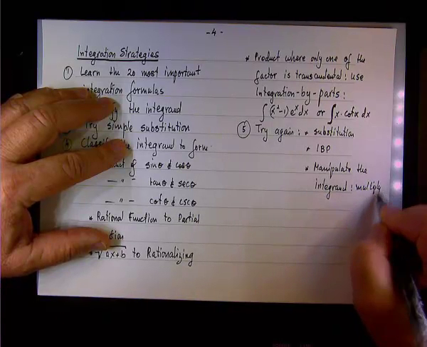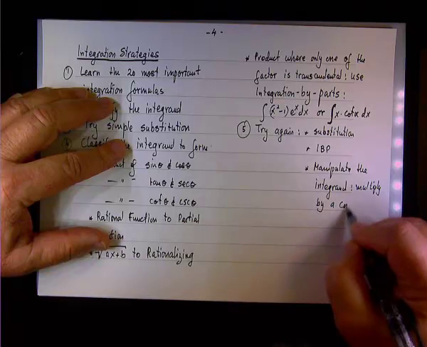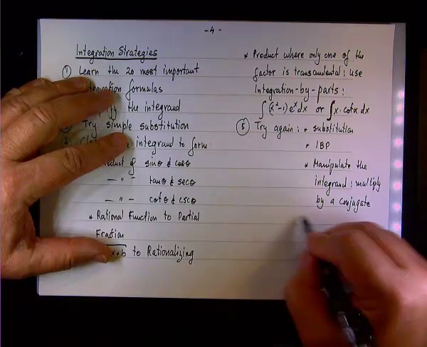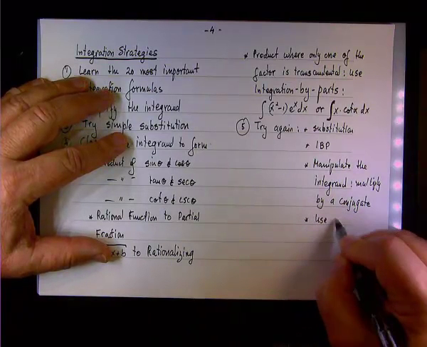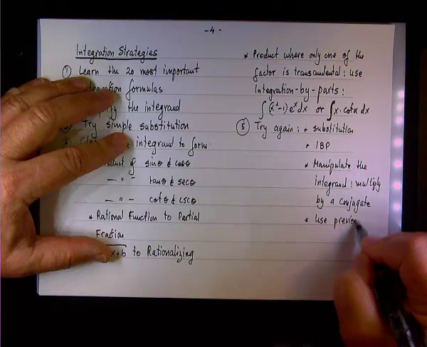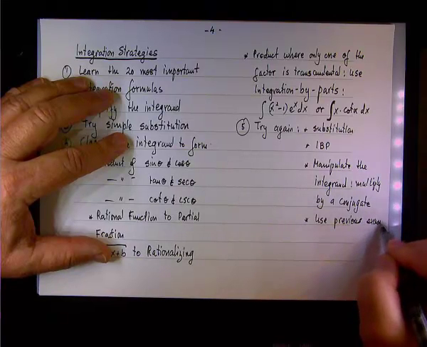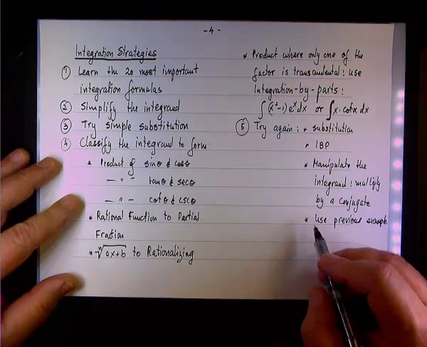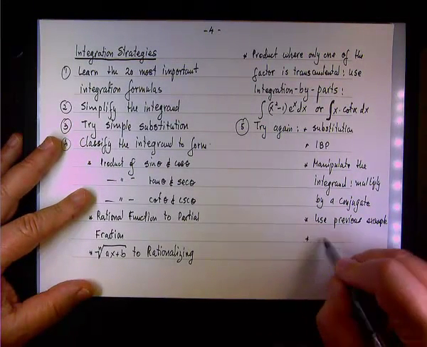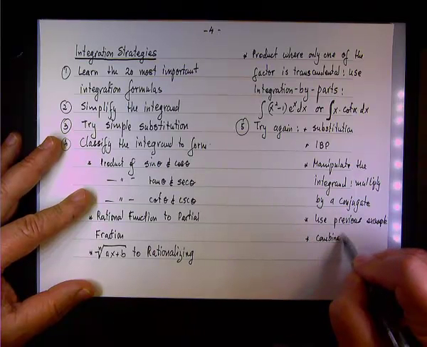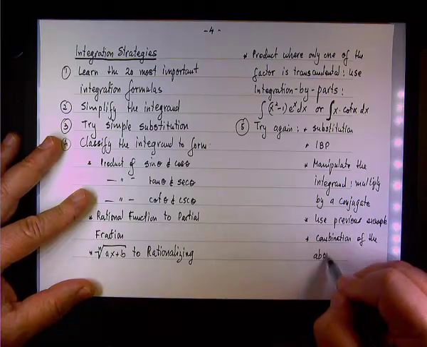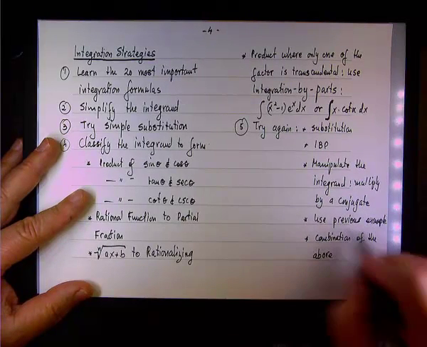Sometimes you need to multiply by the conjugate. Remember, we've done this as well. Use a previous example. I just used a previous example a minute ago. Remember, when the denominator was x squared minus 4, I used a previous example. And then, of course, you can use a combination of the above.